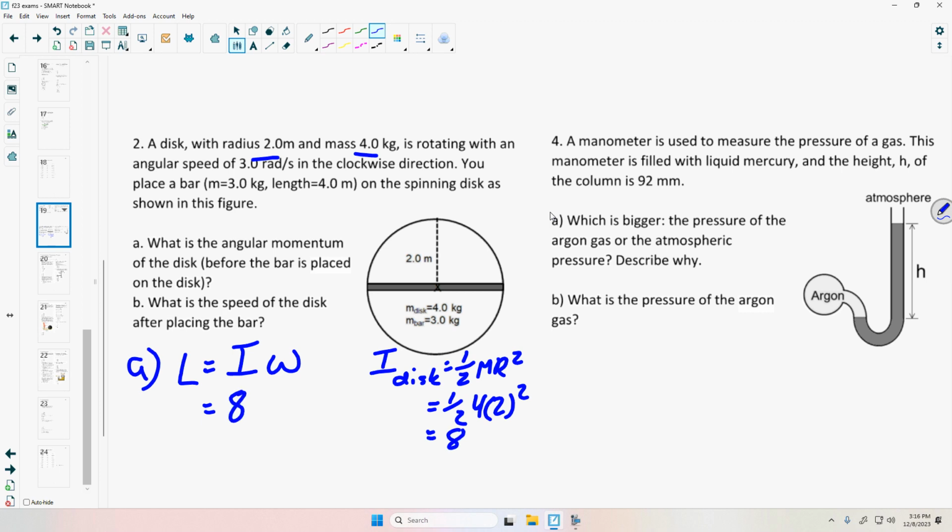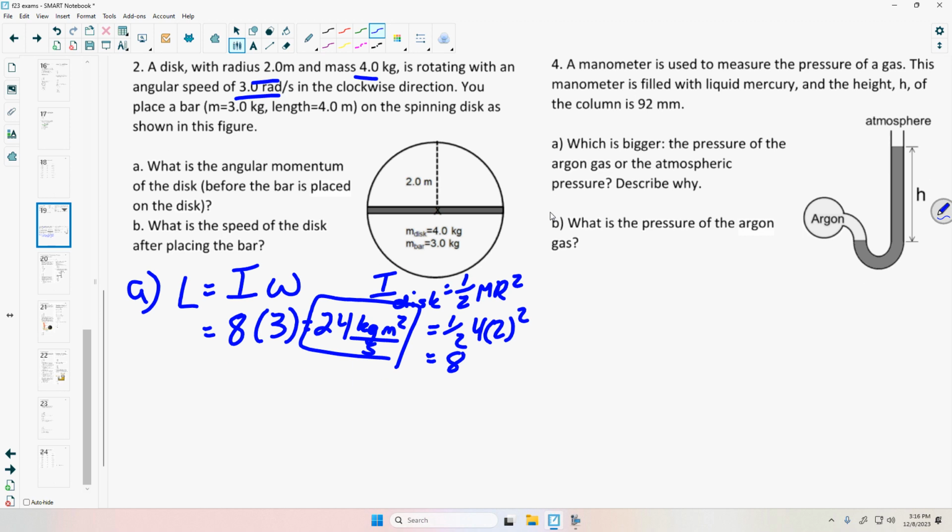So that's 8 times omega, which was 3. That's equal to 24 kilogram meter squared per second. That's the total angular momentum. And that total angular momentum remains constant. So in part B, I'm saying Li equals Lf. The initial angular momentum is just that 24.